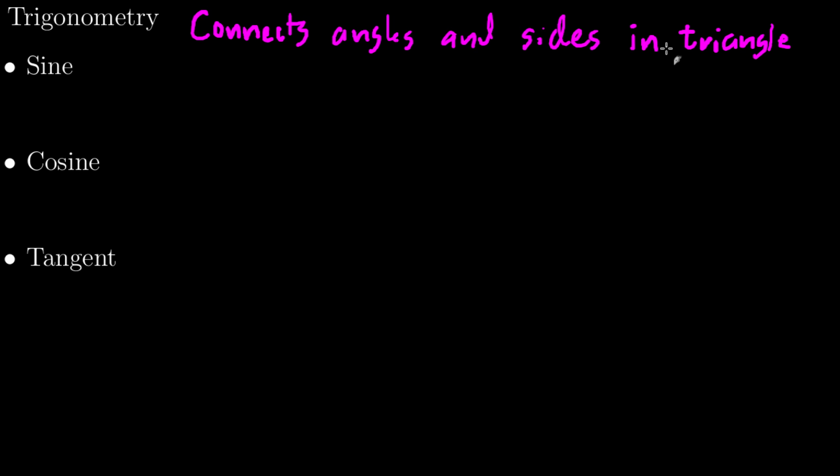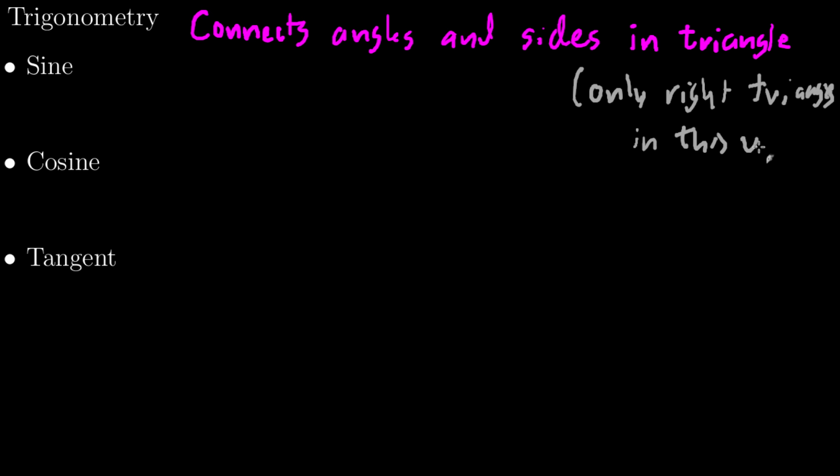You can use trigonometry in non-right triangles, but it is not as simple. So I'll put in here, we are only going to be looking at right triangles in this video. We're not going to look at law of sines, law of cosines, or anything else that these actually do give me.